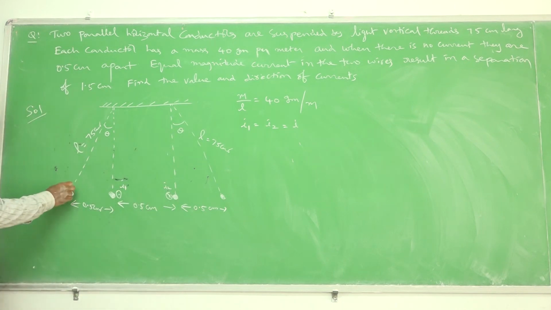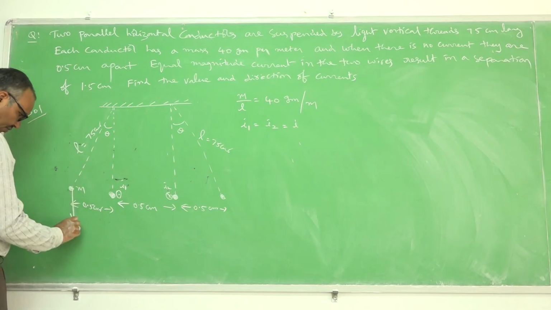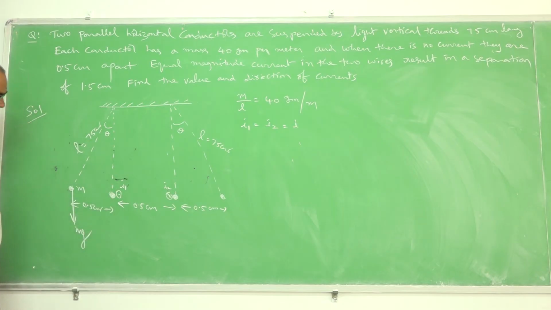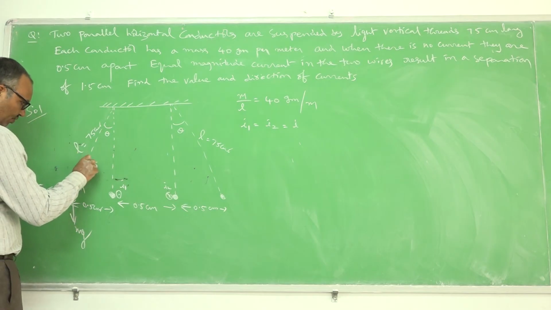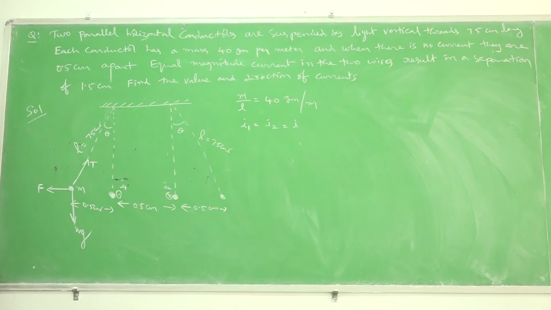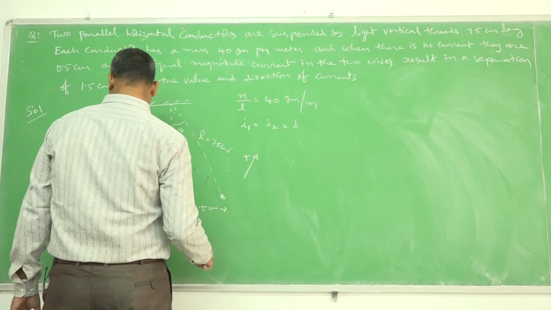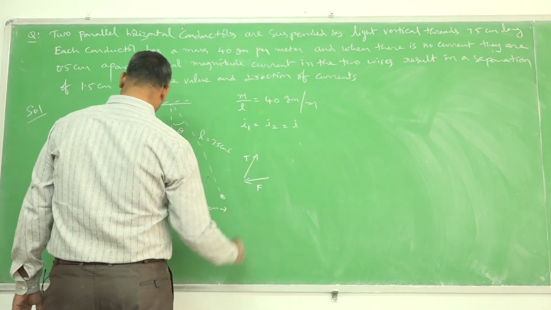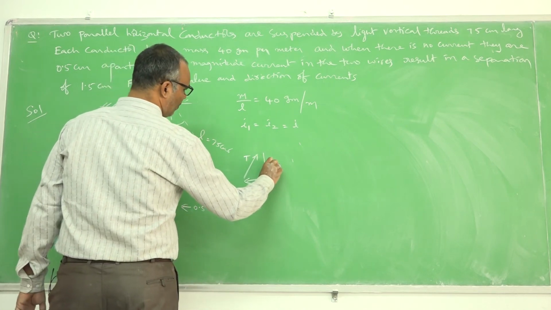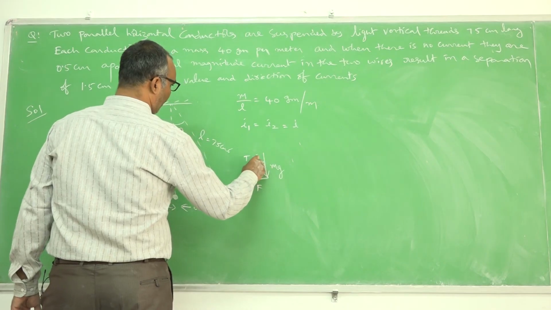If m is the mass of the conductor, mg is the weight of the conductor acting in the downward direction. The repulsive force will act in this way. The tension in the string will be acting in this way. So if you observe clearly, this is tension, this is repulsive force, this is the weight, and this angle is theta.